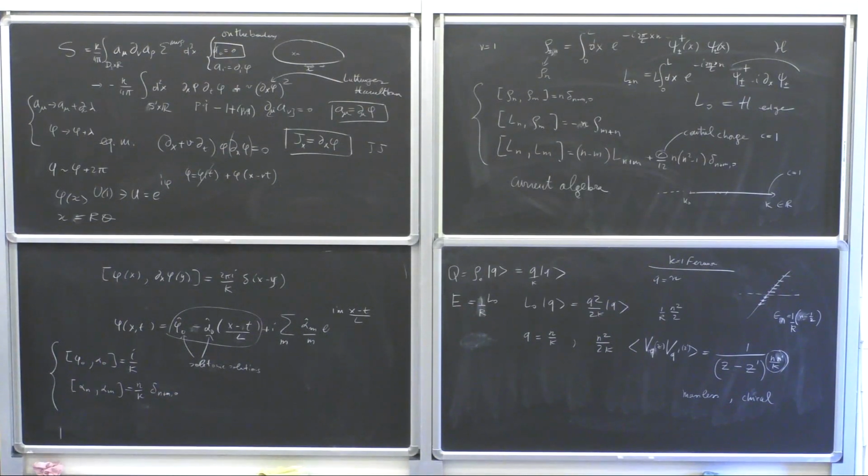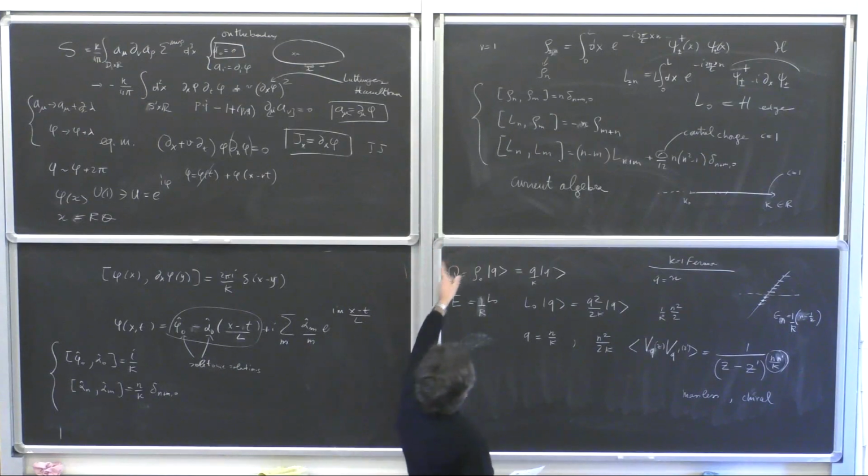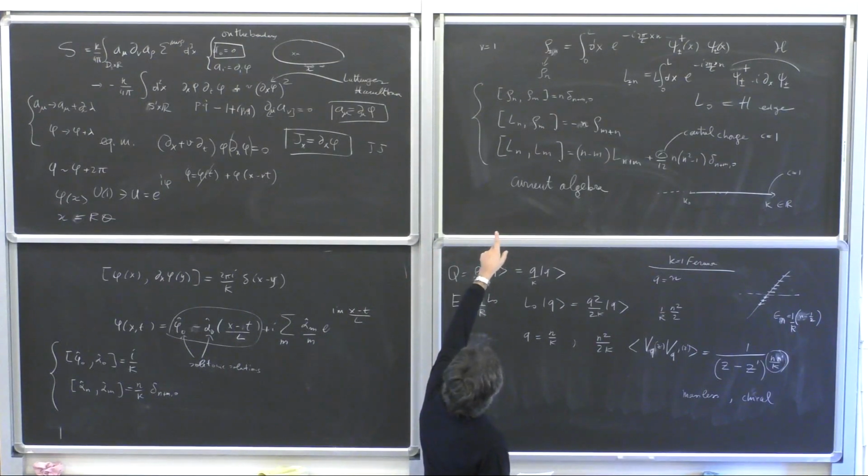Okay? So if you want, you put a hat for operators, okay? And you see that this realizes what I was telling you, that this theory realizes the first piece of this current algebra for k equal to 1.